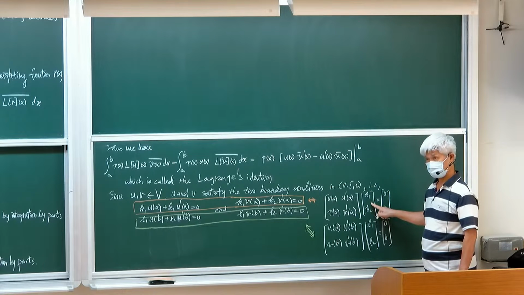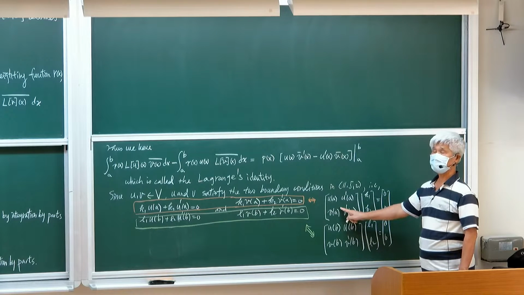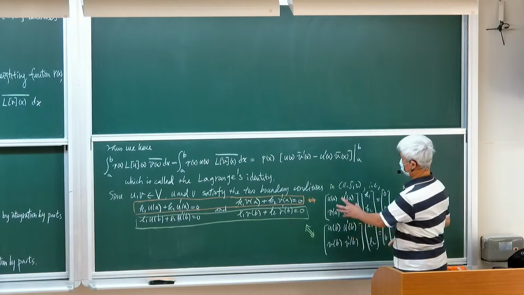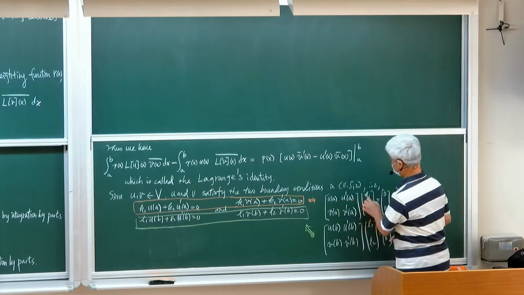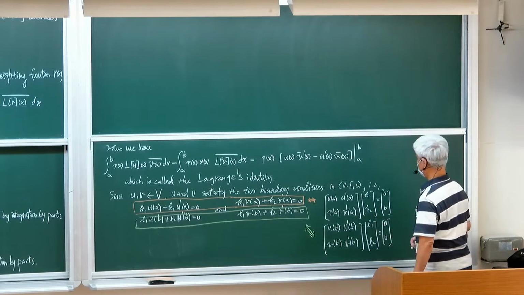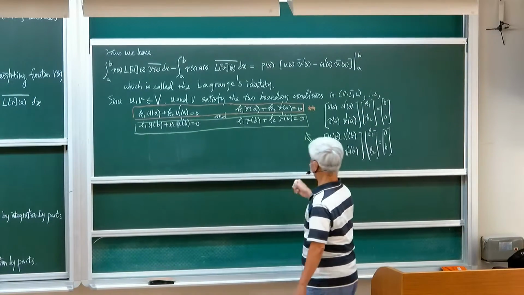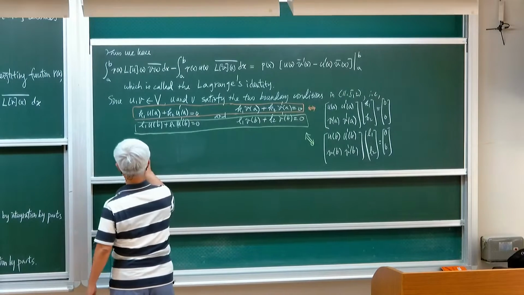So what is the consequence? When we have a non-trivial solution, then this matrix must be non-invertible. Why? If this matrix is invertible, then we have only the trivial solution, right?